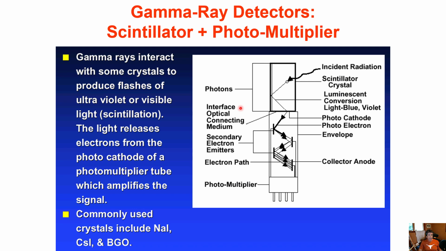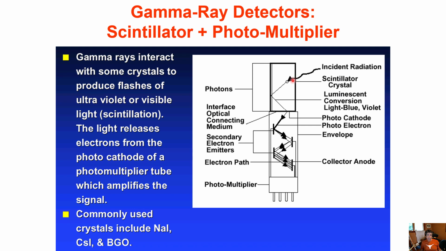So how do we detect them when they come from the potassium, the uranium, and thorium that we have in the formation? To do that, we have a system that uses, first of all, a scintillator. A scintillator is a device that has a photon, a gamma ray coming into it, impinge upon it.